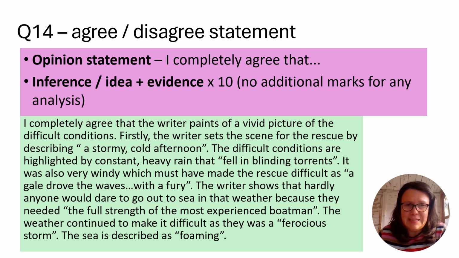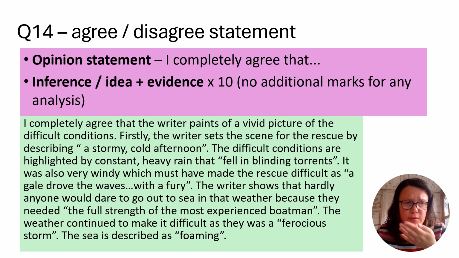Firstly, the writer sets the scene for the rescue by describing a stormy, cold afternoon. So it's a vivid picture of the difficult conditions because the writer is setting the scene. The difficult conditions are highlighted by the constant heavy rain that fell in blinding torrents. It was also very windy, which must have made the rescue difficult, as a gale drove the waves, and then I've put ... because I don't want to copy out the whole thing, with a fury.